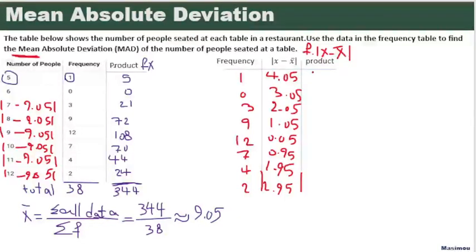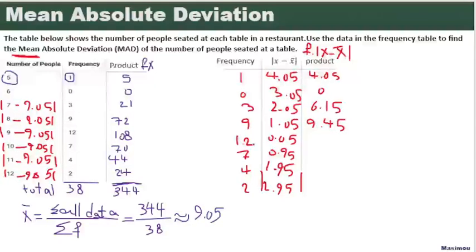So I say 1 times 4.05 gives me 4.05. Here I have 0. 3 times 2.05 gives me 6.15. And 9 times 1.05 gives me 9.45.